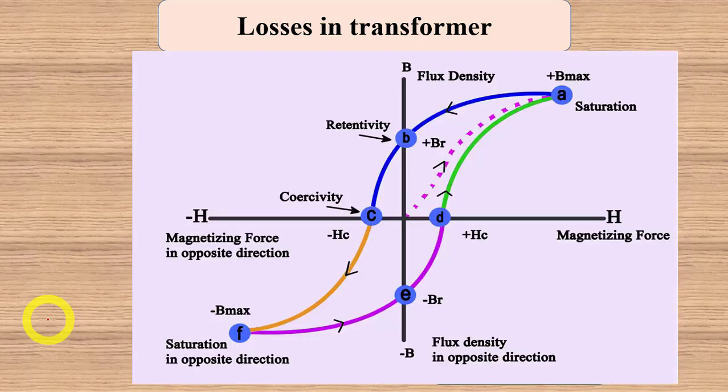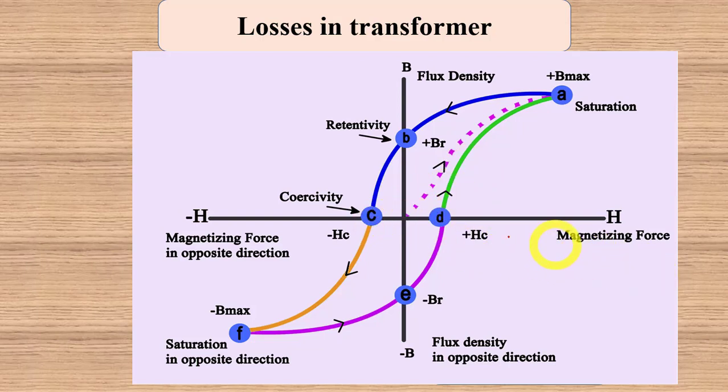Hysteresis loss: first understand the hysteresis loop. This is magnetic flux density and this one is the magnetizing force. When any magnetic material is placed under the influence of a magnetic field, it will magnetize.